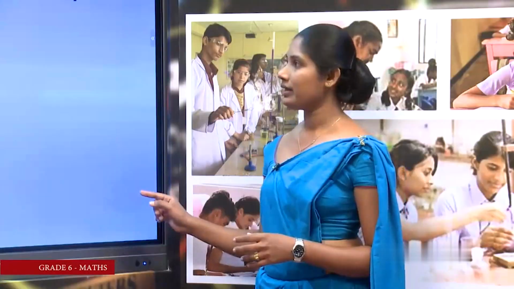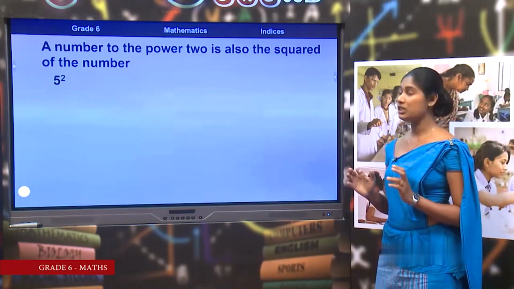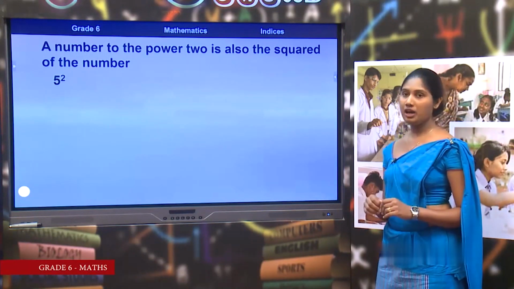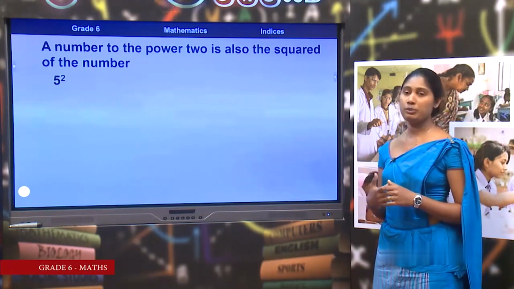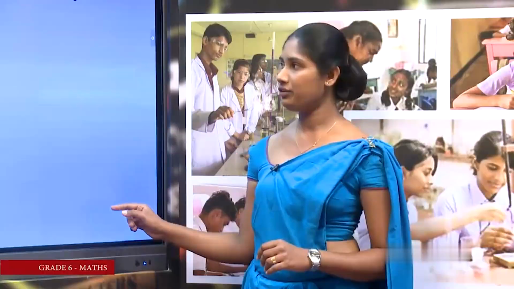Okay. A number to the power 2 is also the square of the number. Here it is very familiar to you, that is 5 to the power 2. Then how to expand this? That means how many 5s are there? 5 has multiplied by 5.